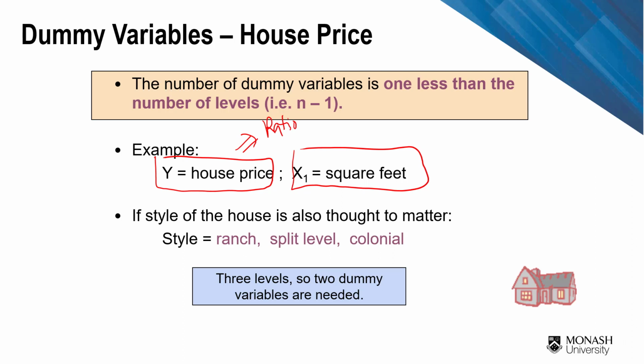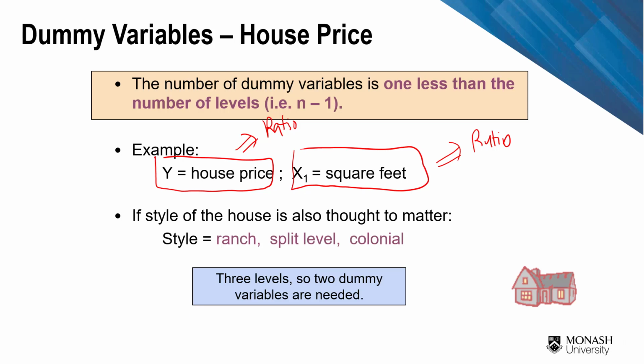Do we need to convert that into dummy variable? Absolutely not. Square feet is the size of the house in square feet, or another measurement could be square meters, right? So square feet, square meters, they are all also a ratio, right? So do we need to convert that into dummy variable?